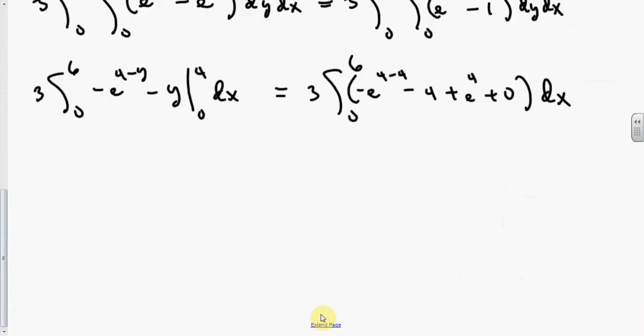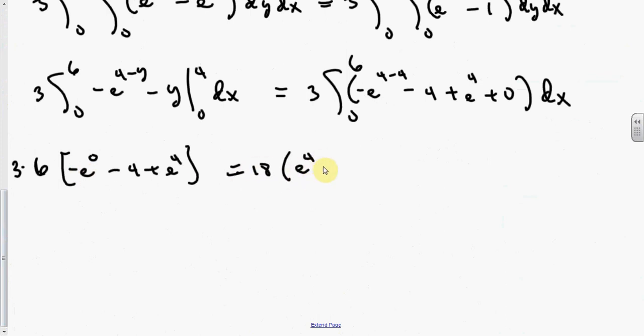Since there's no x there, that's just 6 times all that, so you get the 18. This is negative e to the 0 minus 4 plus e to the 4. E to the 0 is 1, that's negative, so this is 18 times e to the 4th minus 5.